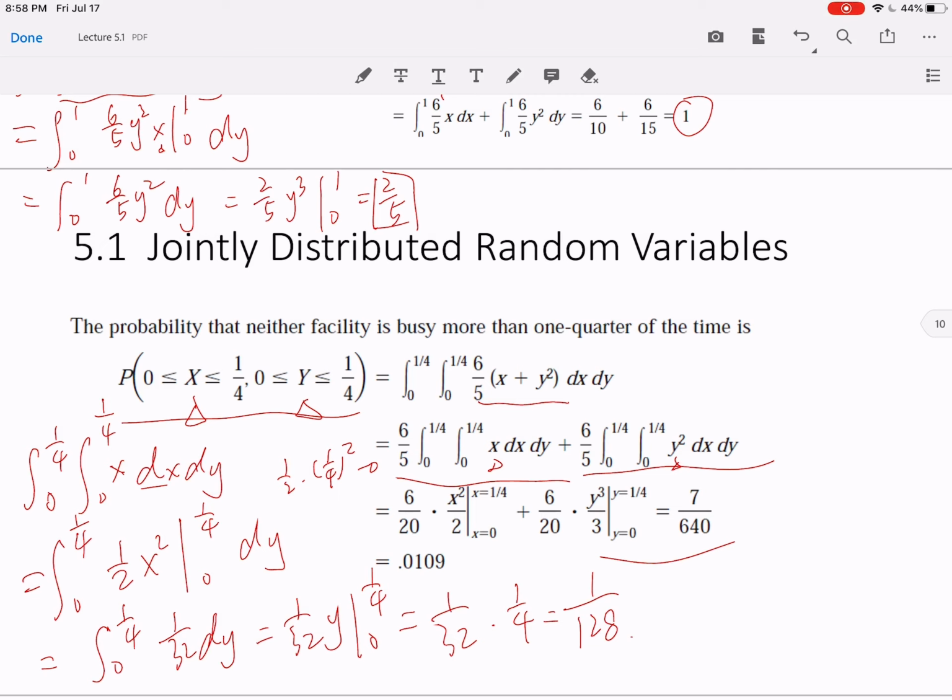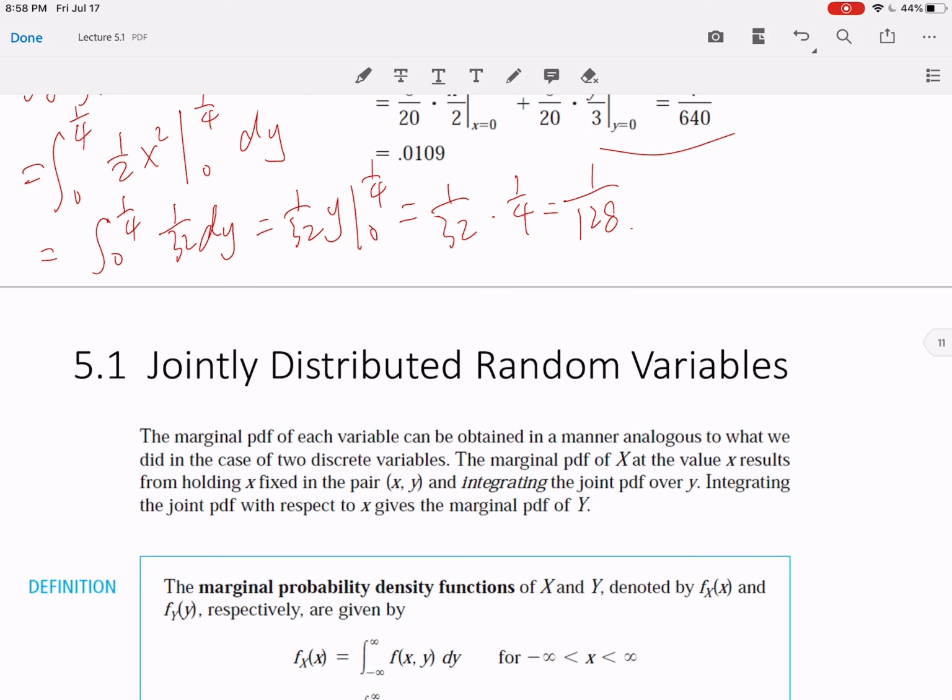Okay, integration is very important for this class, especially for chapter 4 and chapter 5. So that's pretty much how we find the probability that both x and y are between 0 and 1/4. I hope it is clear enough to you.